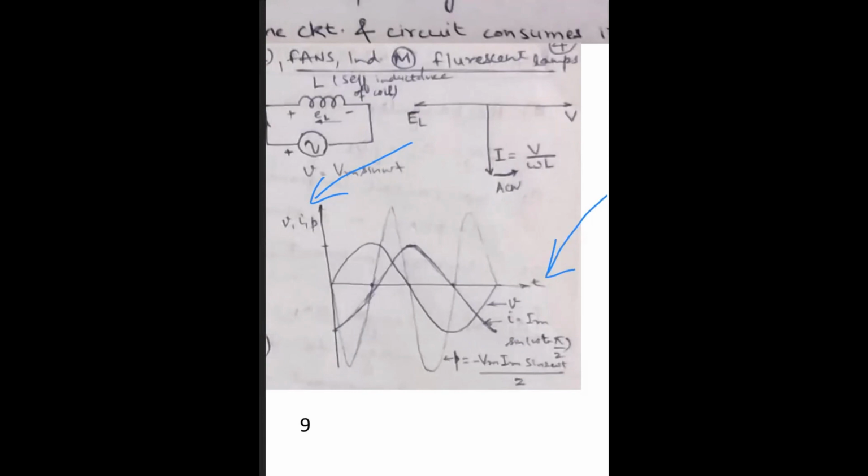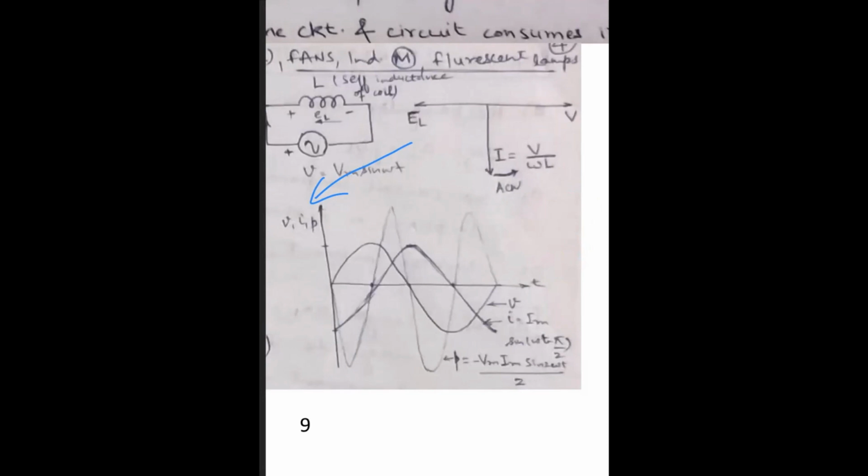It can be time, it can be theta, or it can be omega t. All are applicable and correct depending upon the situation. Here we have taken the time axis for our convenience.